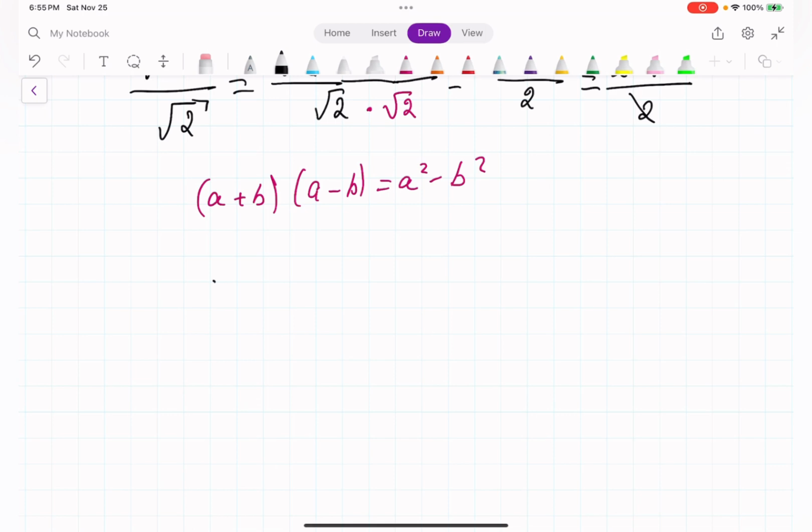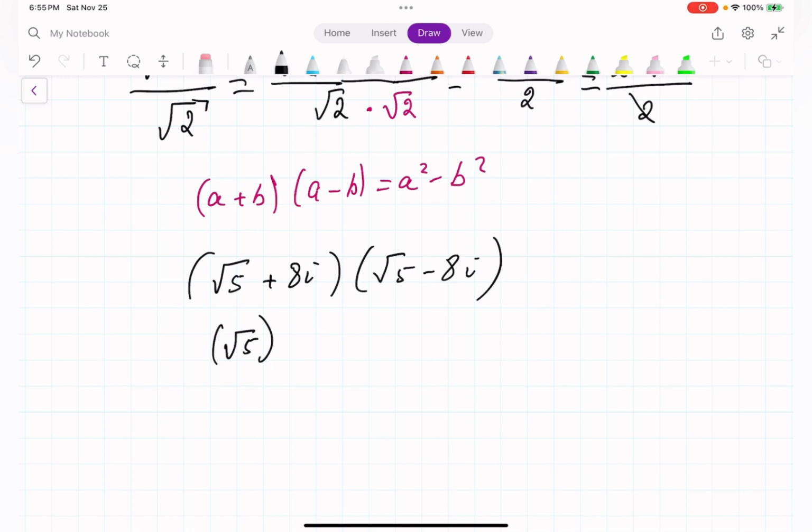Square root 5 plus 8i, square root 5 minus 8i. And we are going to get square root 5 squared and then minus 8i squared, right? So square root 5 squared is going to be clean 5, minus 8 squared is 64, and i squared is going to be negative 1, which is going to be positive 64, and the answer is going to be 69.